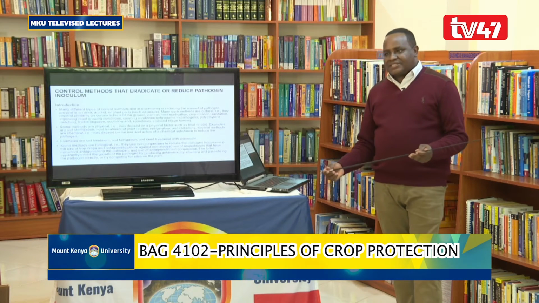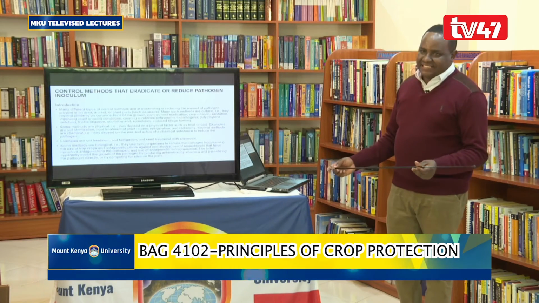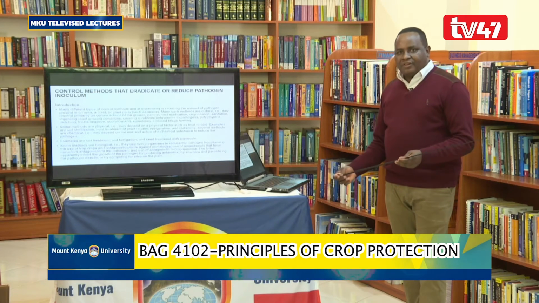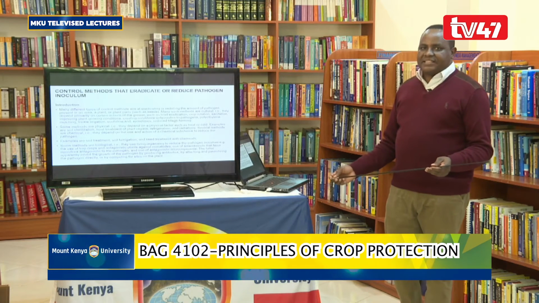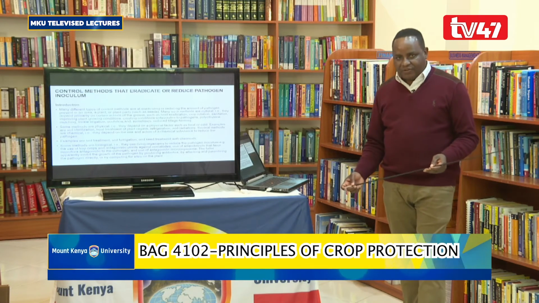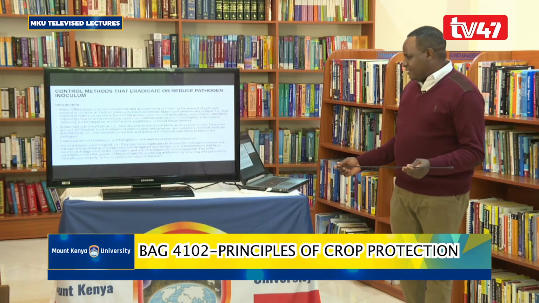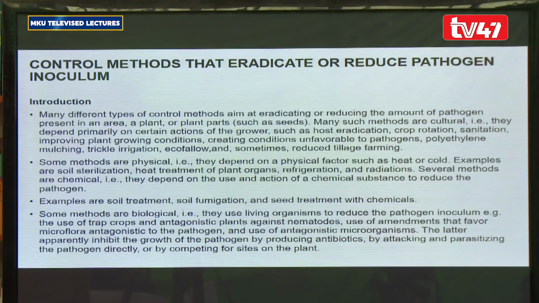Cold treatment subjects the pathogens to lower temperatures that denature them or make it difficult for them to complete their life cycle inside your crop. So that is another very important method. Another one is soil treatment.